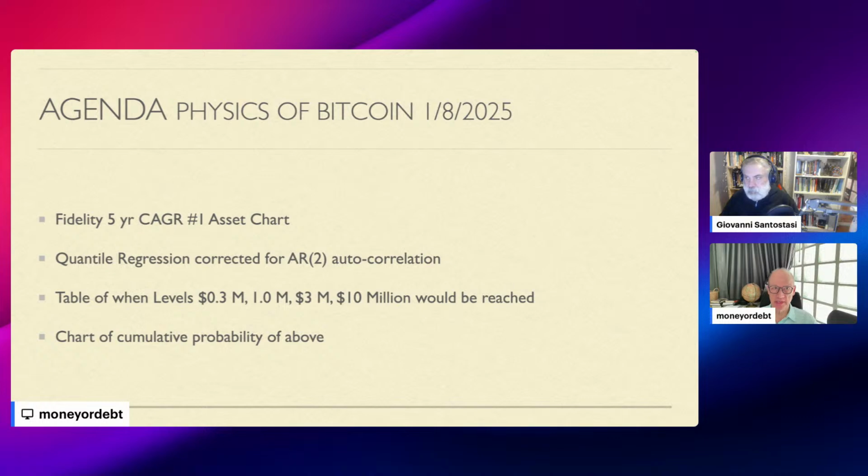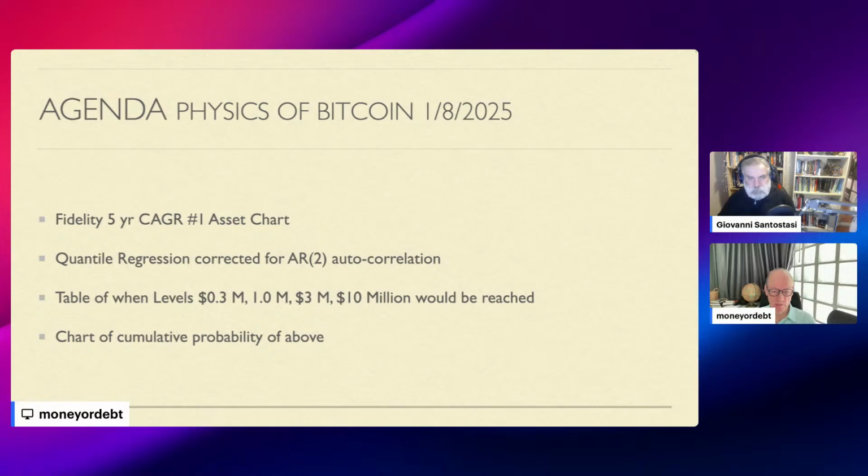I just have a few slides to show today. What we're going to talk about is quantile regression with corrections for autocorrelation. The whole point of these regressions in log space is really to give you a very big picture view.